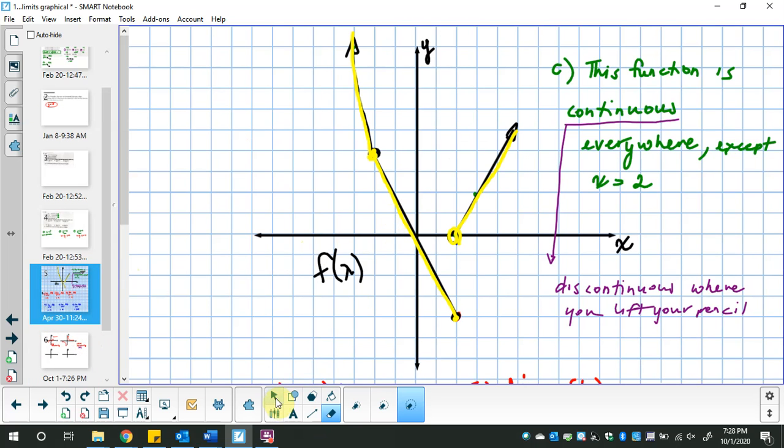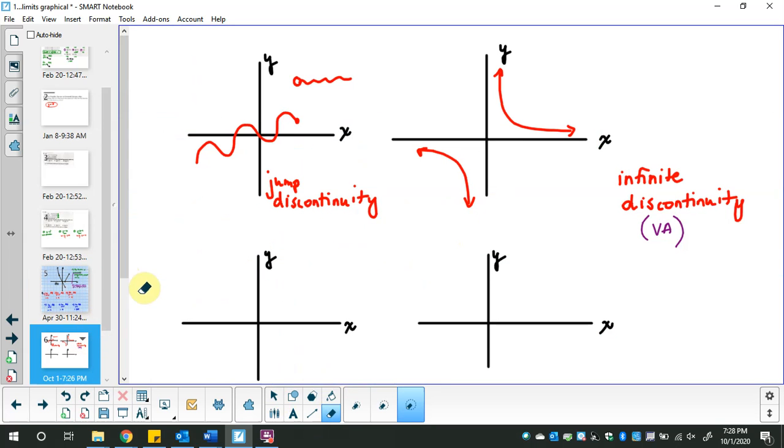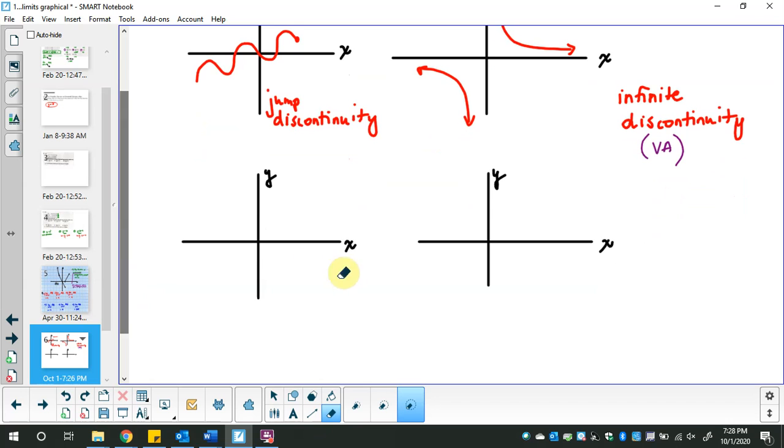Now there's one other discontinuity. I'm just going to get rid of this yellow for a second. There's one other really famous discontinuity as far as being famous in discontinuities goes. And that is the removable discontinuity. So I'm going to draw two pictures of removable discontinuity.